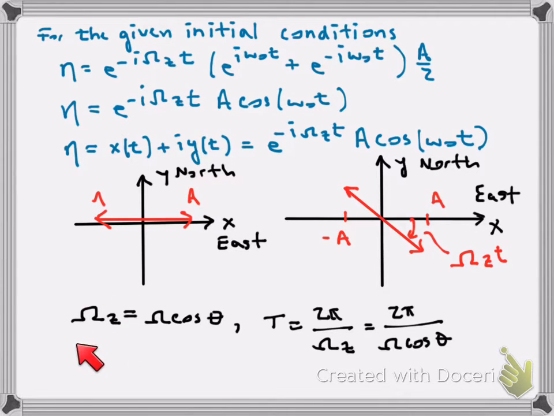We have to remember that the angular frequency of this rotation is really a function of your latitude, or in this case your co-latitude theta. This omega z was equal to omega cosine theta. And so the period of this rotating plane of motion is 2 pi over omega z, which depends on the observer's location on the Earth, so it's 2 pi over omega cosine theta.